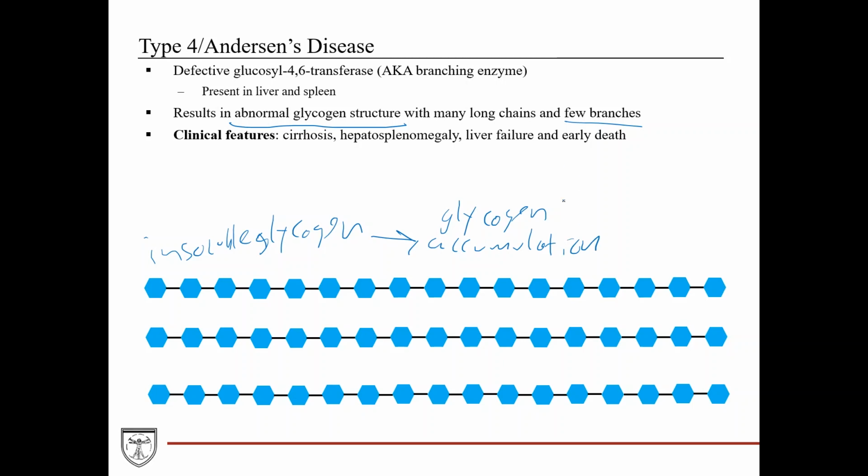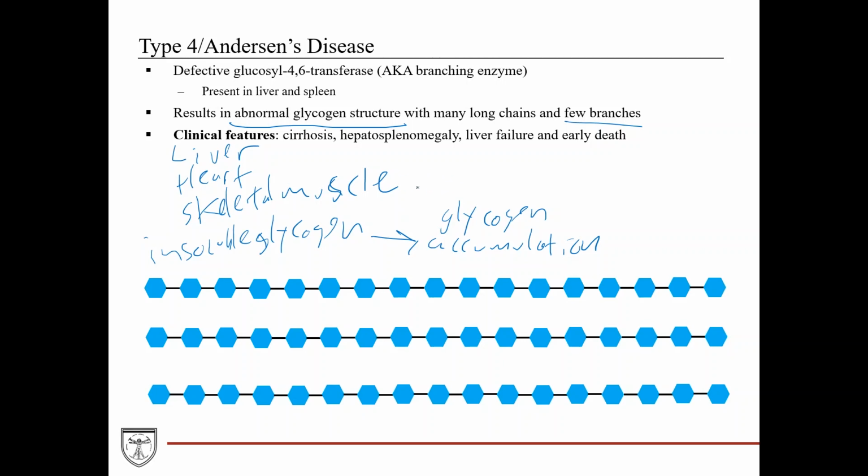And so this is especially significant in the liver, the heart, and then in skeletal muscle as well. And this is what leads to the clinical signs of this disease.